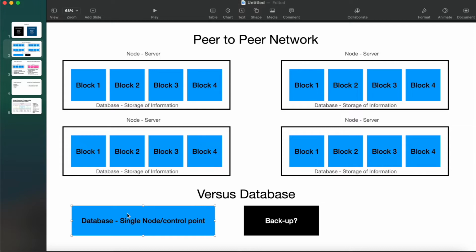With a peer-to-peer network, because I have 1,000 databases, if anything happens to this node, I've got the remaining 999 nodes and databases storing that same information. If in China they ban blockchain, the whole of China, I don't care, because I've got nodes in Russia, the US, Africa, nodes everywhere keeping the same information.